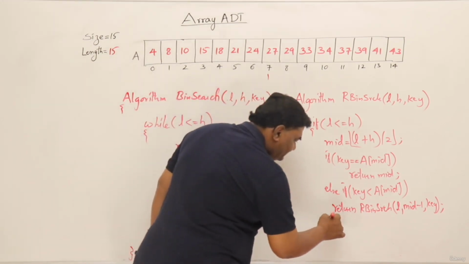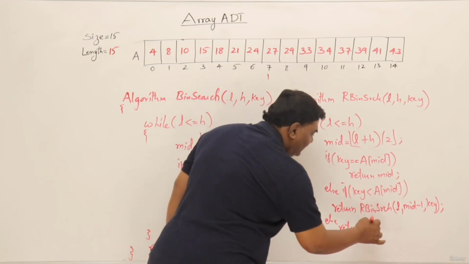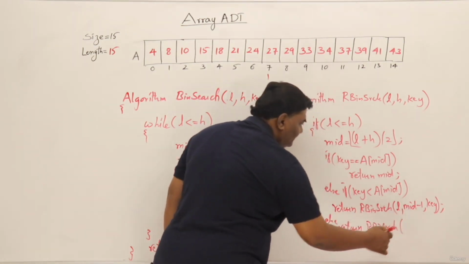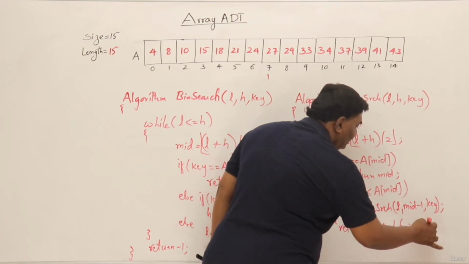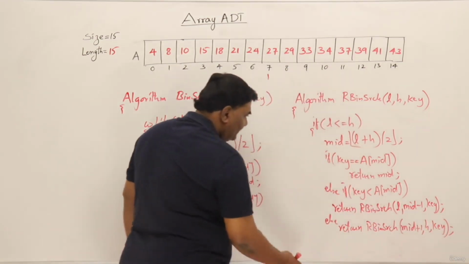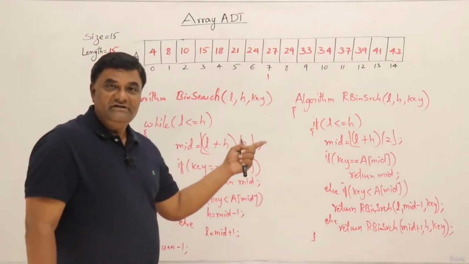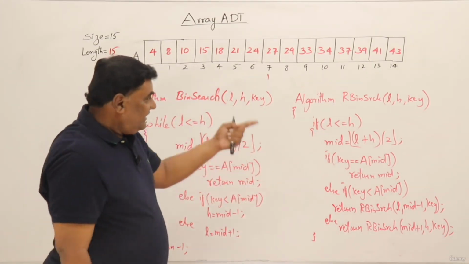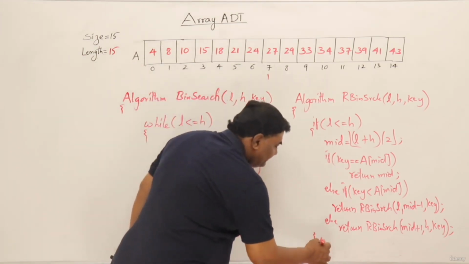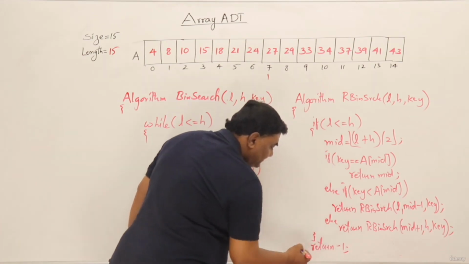So else return R bin search mid plus 1 and high as it is and the key also. That's all. If low is less than or equal to high, do all these things. If low is not less than or equal to high, then return minus 1. Means key is not found.